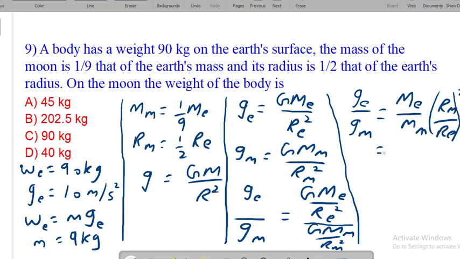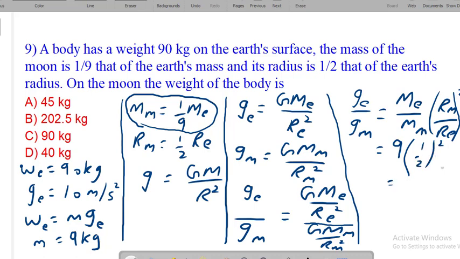Now ME upon MM, we are given this ratio. ME upon MM would of course be 9. You can get this from here: MM is 1 by 9 ME. So we take the ratio, we get this, and RM upon RE is half. So this is half square.